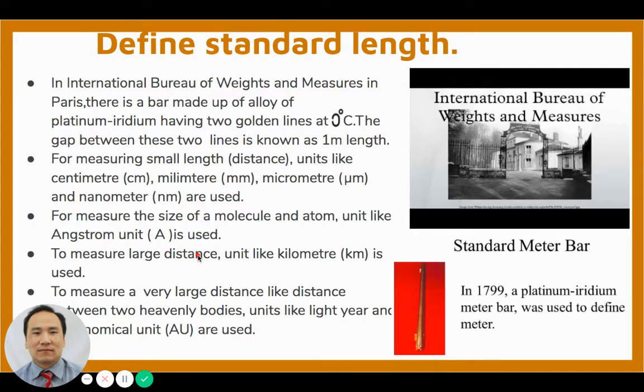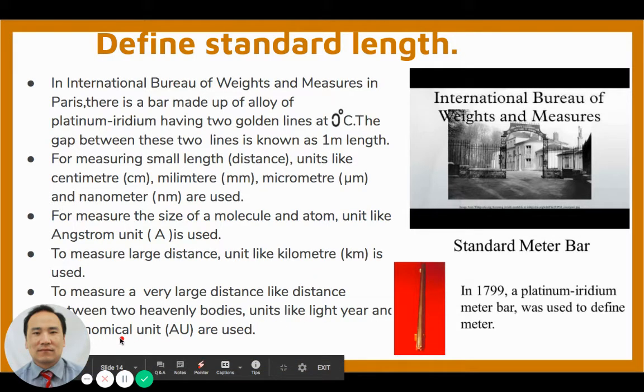To measure a large distance like the distance between two places, a unit like kilometer is used. And to measure a really very large distance like the distance between two heavenly bodies in space, units like light year or astronomical units are used.